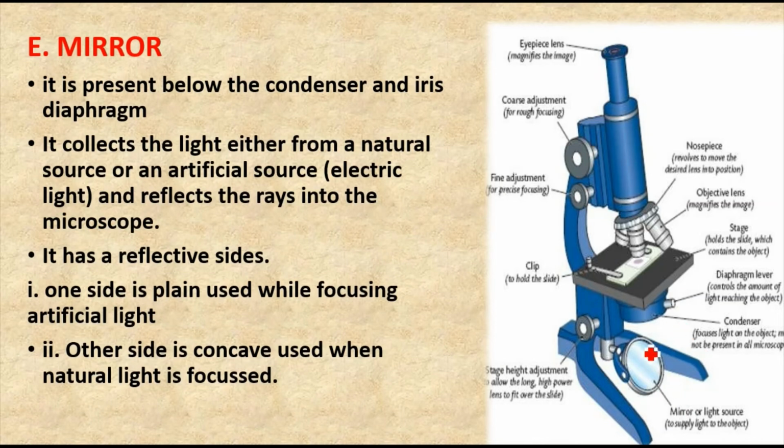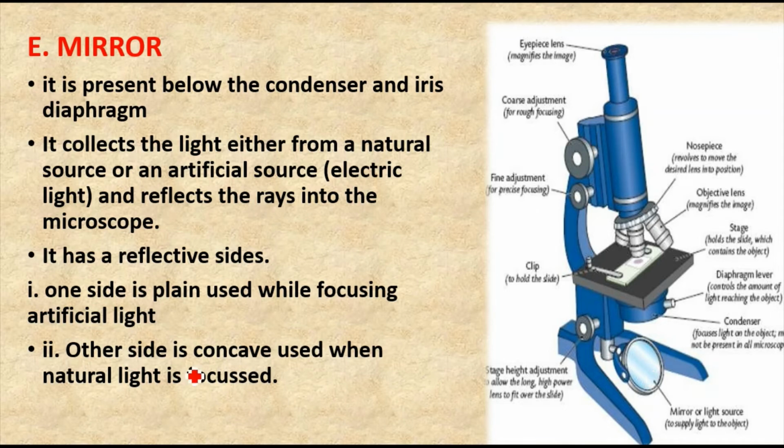Then moving to the mirror, the last part. It is present just below the condenser and iris diaphragm. What is the function of this mirror? It collects the light either from a natural source or an artificial source like electric light. After collecting the light, it reflects the rays into the microscope, and it has two reflective sides.